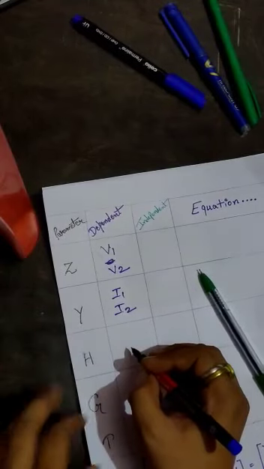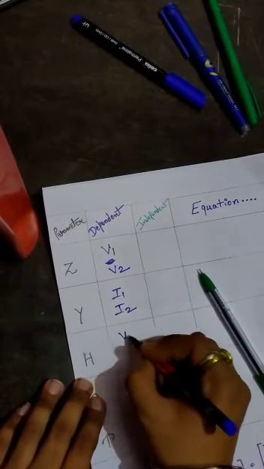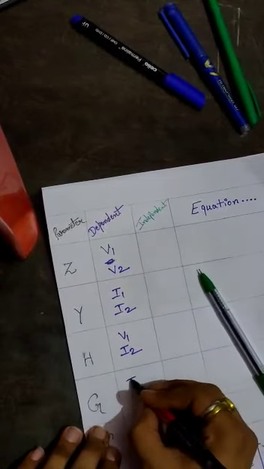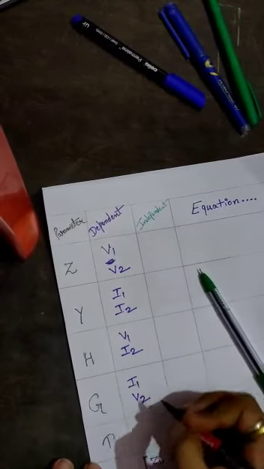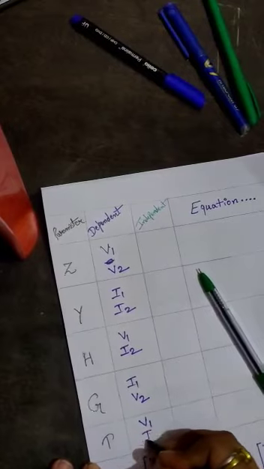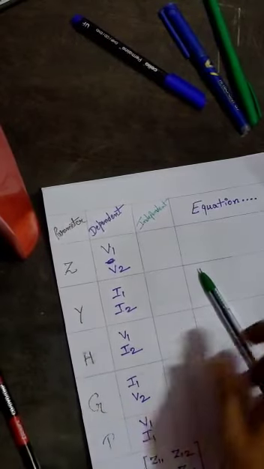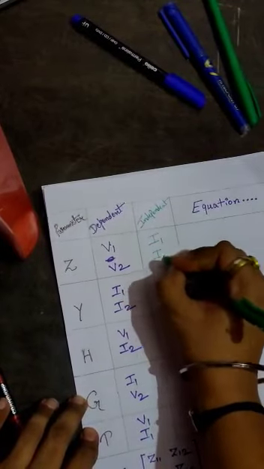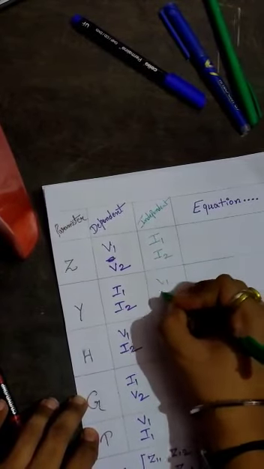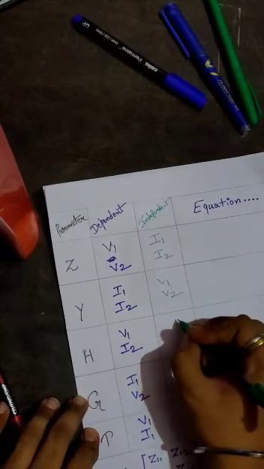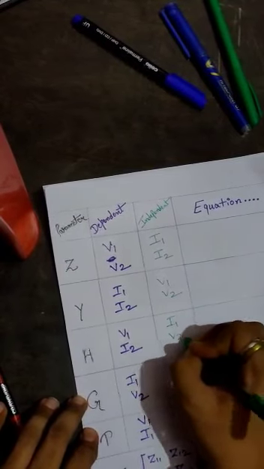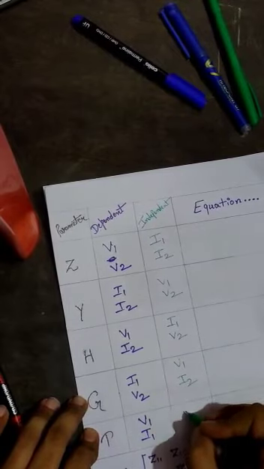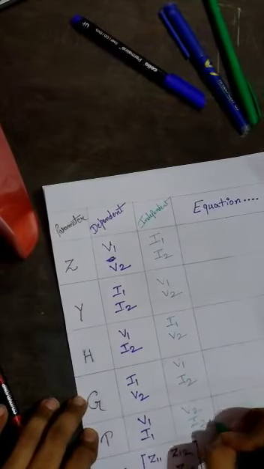In hybrid, V1, I2. In conductance, I1, V2. And in transmittance, V1, I1. Similarly, the independent ones are I1, I2 here, V1, V2 here, I1, V2 here, V1, I2 here, and V2, I2 here.